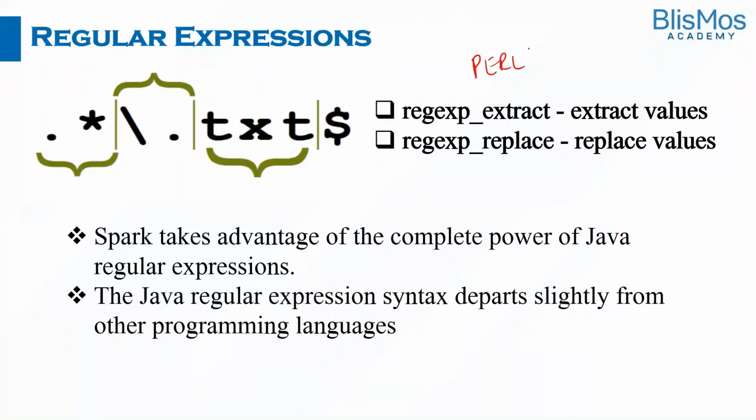It may be Scala, it may be Java, it may be .NET, it may be many things. What Spark is doing is it is taking the advantages of Java regular expressions. Means they have not reinvented the wheel. They have leveraged the capability of Java regular expressions and used them as a part of Spark.